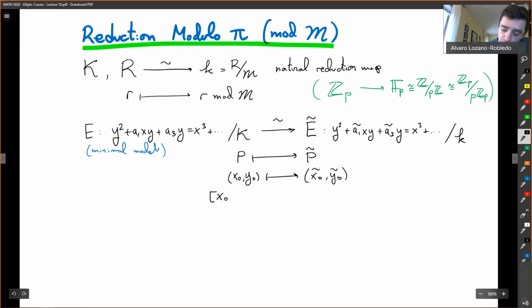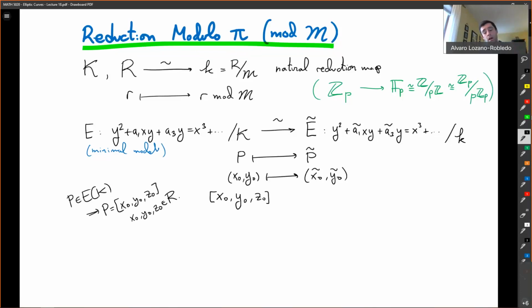So the actual definition of the map: any point P on E over K can always be written as x naught, y naught, z naught with coefficients in R. Because if they were in K, I can multiply through by whatever power of pi I need, which is going to give me the same projective point, and eliminate denominators and land in the ring of integers.